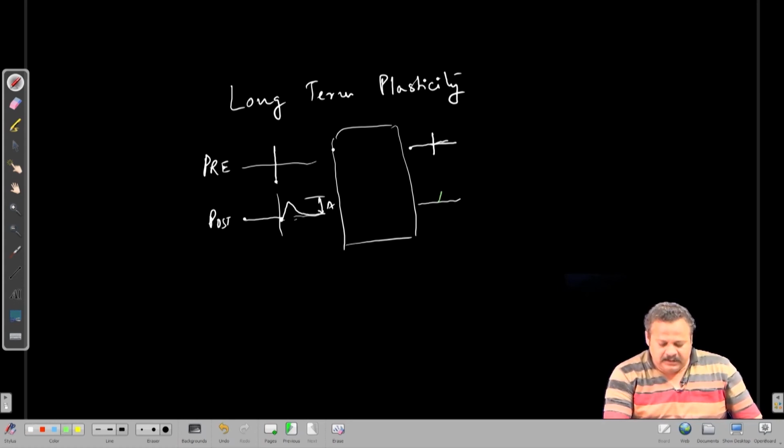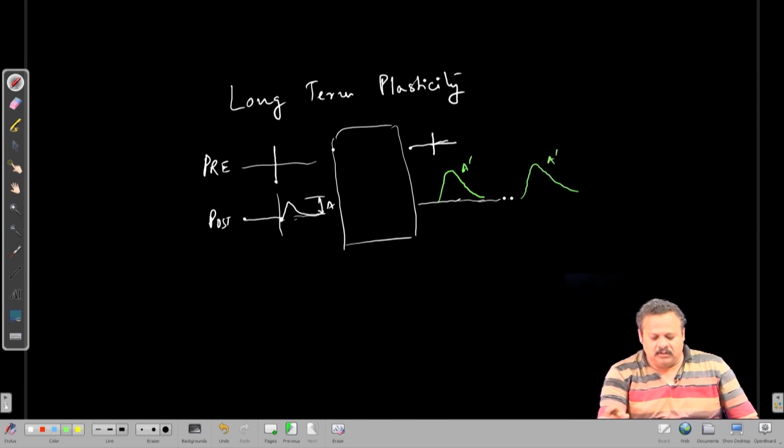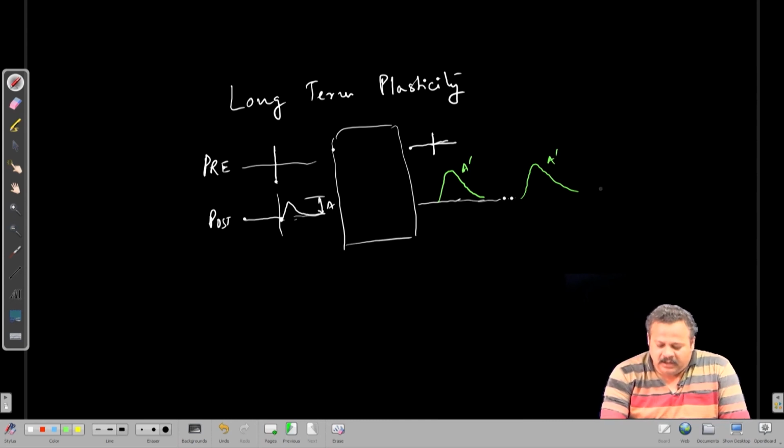Let us say it increases to A prime. We leave it undisturbed for a while and measure it again, and we see that it is still A prime, or at least larger than A. It can decay a little, and it keeps going.